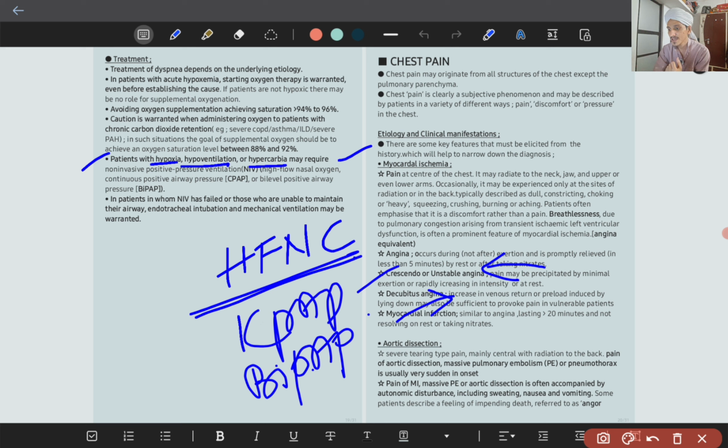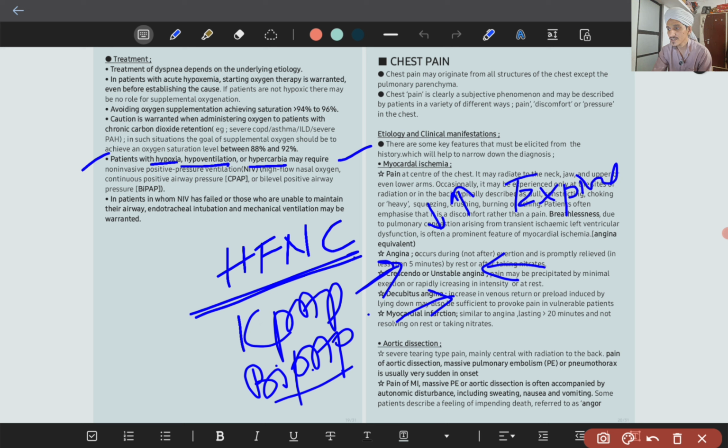Okay, that is CPAP. In CPAP, one problem is that the pressure will be constant during inspiration and during expiration also, whereas in obstructive lung diseases, the airway will collapse during the expiratory phase of respiration.